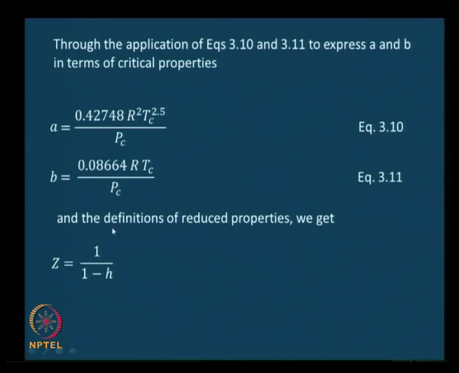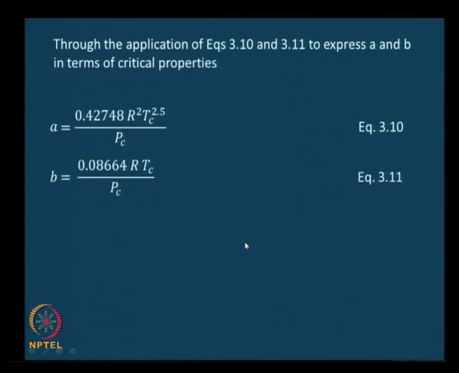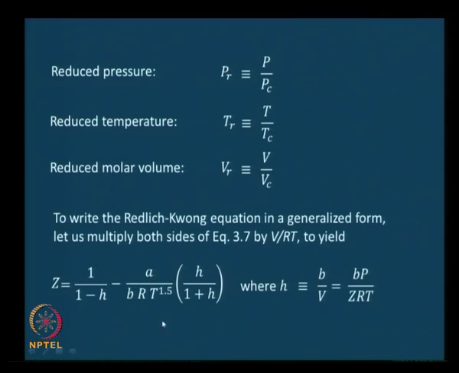If we do that and substitute these expressions for A and B in the earlier formulation, which is this Z equals 1 by 1 minus H minus A by BR T power 1.5 into H by 1 minus H, here you have A and B, we are going to substitute here.